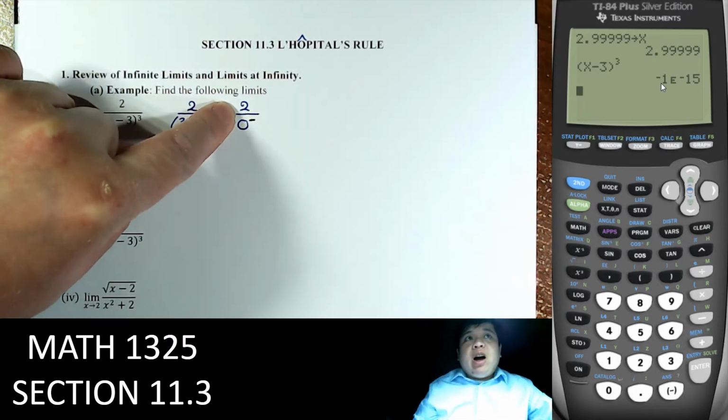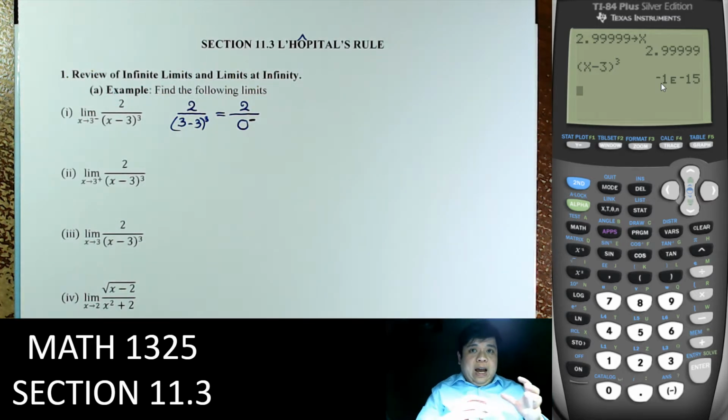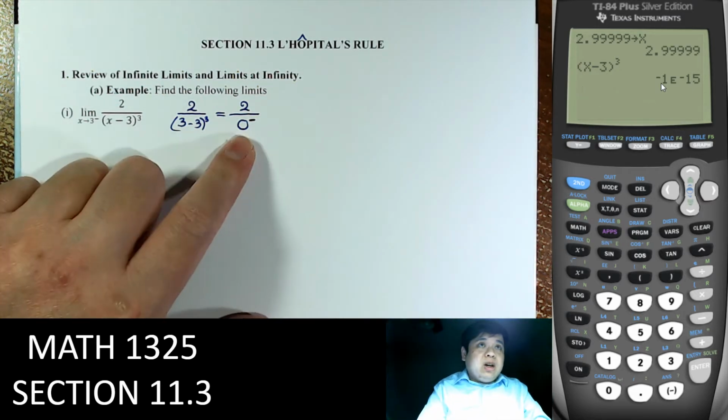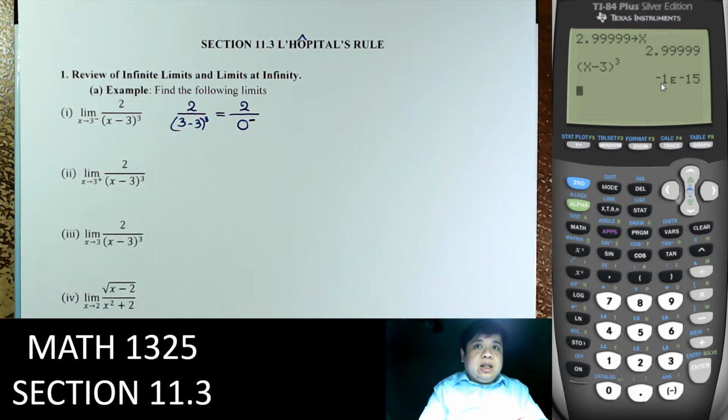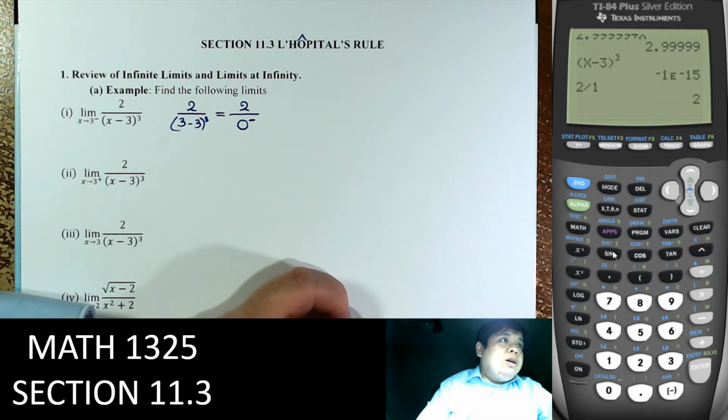If we have a finite number and we divide by a number that gets smaller and smaller and closer to 0, the result gets bigger. Let's say we start with 2 and divide by 1, that's 2. Now we divide by a smaller number.